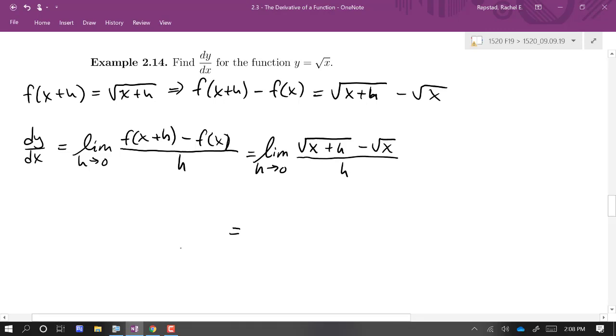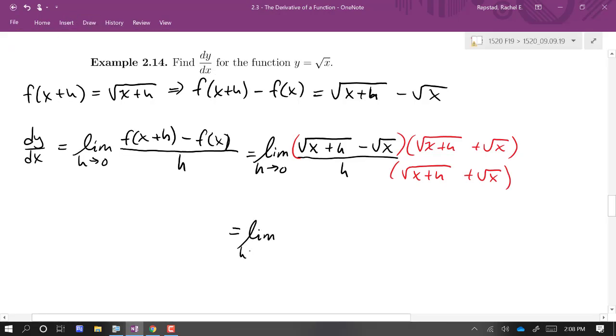And if we rationalize the numerator, if we multiply by the conjugate on the top and the bottom, so on the bottom we have h times the square root of x plus h plus the square root of x.